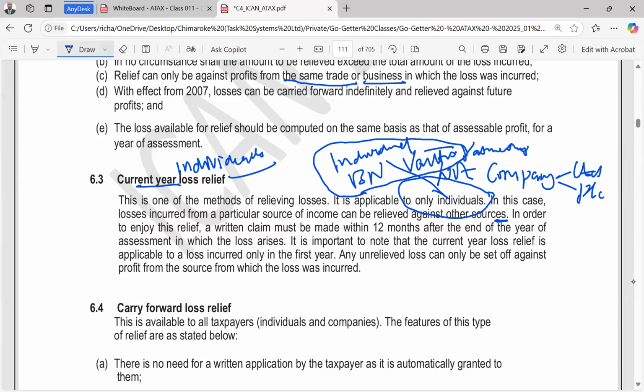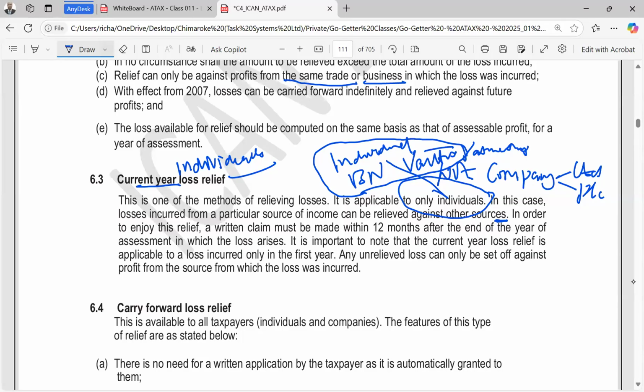It means if you have other sources of income that brought profits, you can say, all right, I want to take the loss away from where I made profit in this same year. It is available to only individuals, and it's going to be applicable for the first year only. If you can relieve everything in the first year, beautiful, you have been saved.